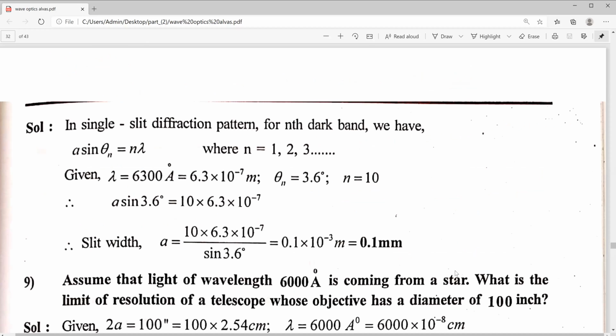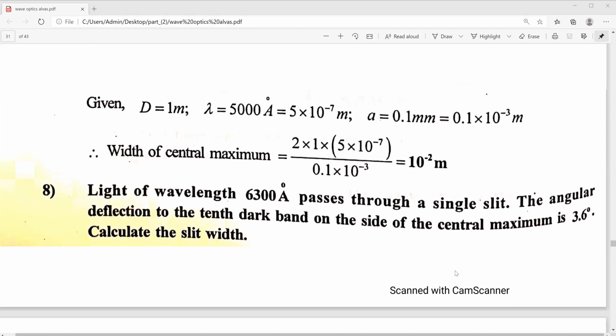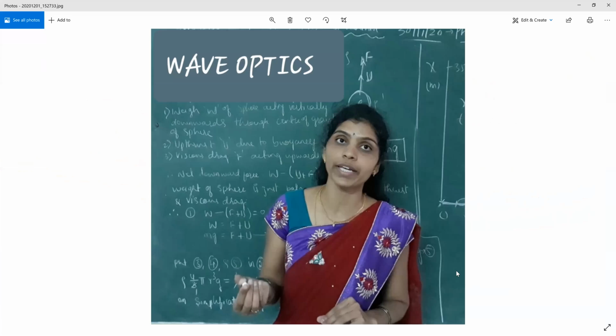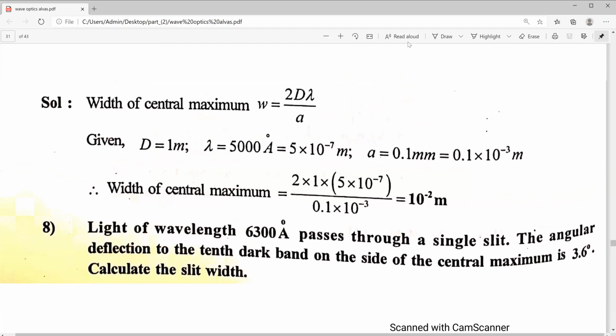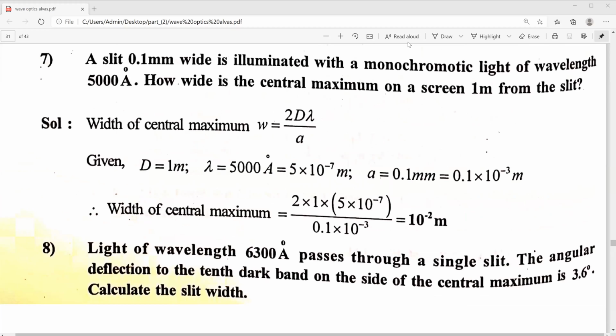What is the 8th question asking? Light of wavelength 6300 angstrom passes through a single slit.